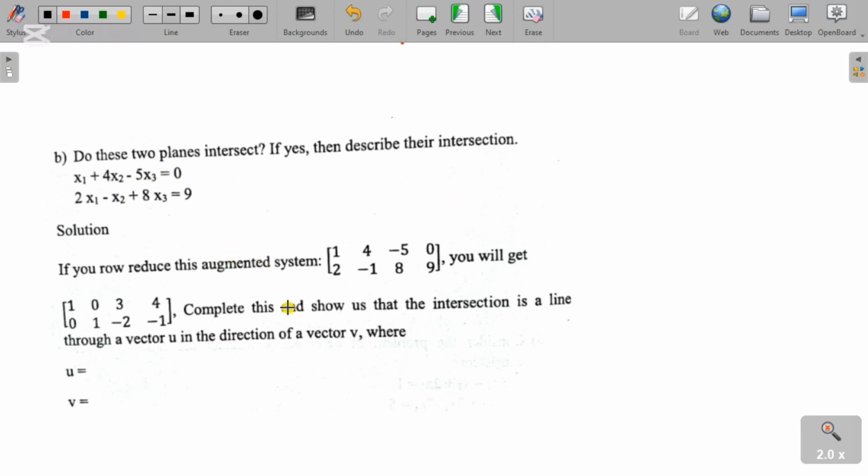Okay, so we will see if we can write these two linear equations as a linear combination of some vectors such that those vectors will have certain properties. That's what is going to help us know whether they intersect or not. Okay, so let's try doing that.